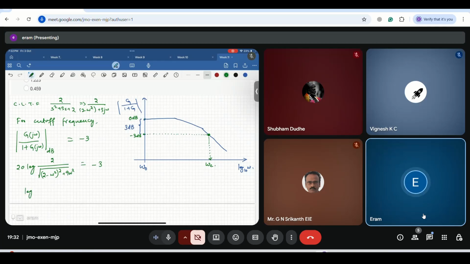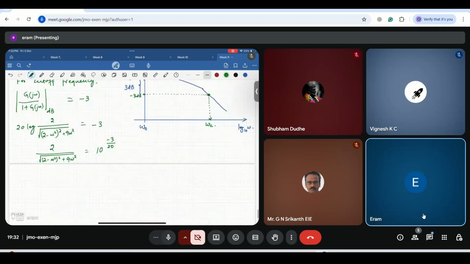So log of the magnitude equals minus 3 by 20, so 2 divided by the square root of (2 minus omega square) whole square plus 9 omega square equals 10 to the power minus 3 by 20. Okay.